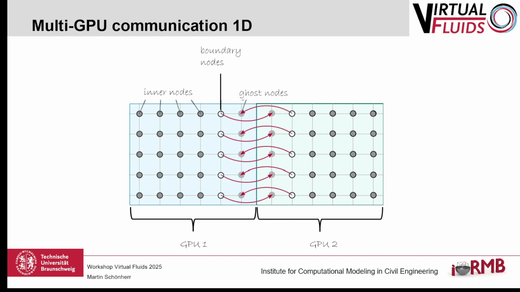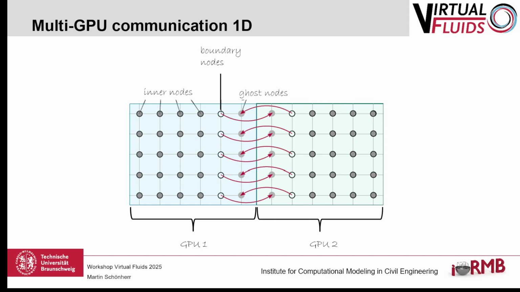Okay, and maybe I just say something about this. If Anna was here, she would tell you something about it because she implemented this stuff. Multi-GPU. I guess some of you are interested in using more than one GPU. How is this solved in VirtualFluids? We have, for example, 2 GPUs in one PC. Then you have some inner nodes of your flow field, then you have the boundary nodes, so the last nodes you want to use, and then you have some additional ghost nodes.